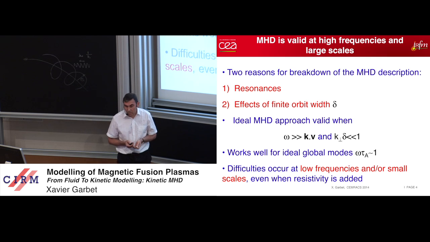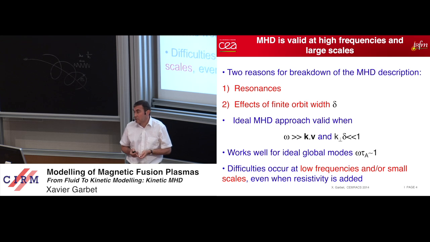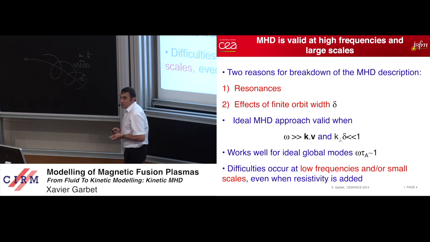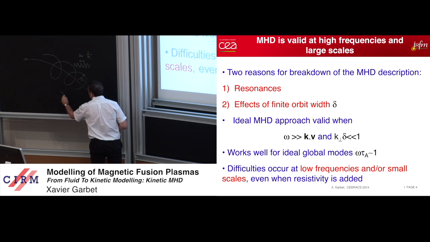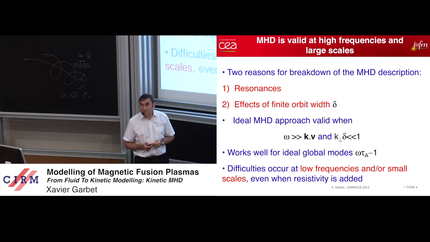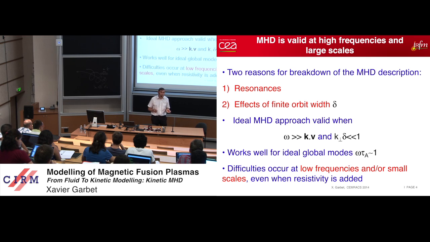Which is what is called gyroaverage. And if you are in a situation where rho is much larger than lambda, that is, lambda much smaller than rho c, the average field that is seen by the particle is just 0.